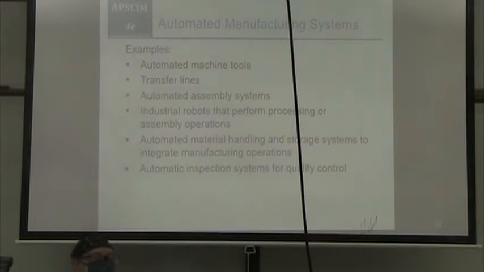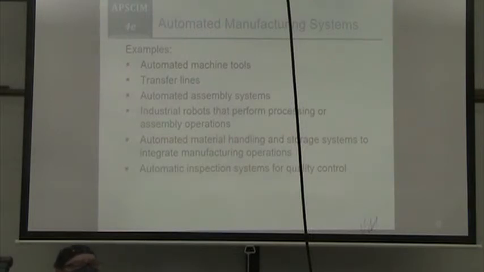All right, so when we talk about automated manufacturing systems, what are we looking at? Automated machine tools. For many, many years, we've had automated screw machines. In fact, that's quite an old technology now, where you just feed in steel rods or equivalent material, and nuts, bolts, whatever comes out the other end.